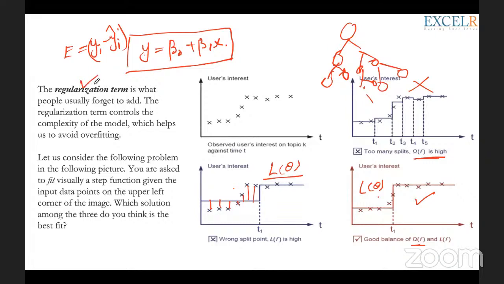The regularization term. When you add a regularization term, this term would prevent the model from overfitting the data. So every algorithm should have the loss function plus the regularization term in the objective function. Then we can say that, okay, that model is a good, balanced model.